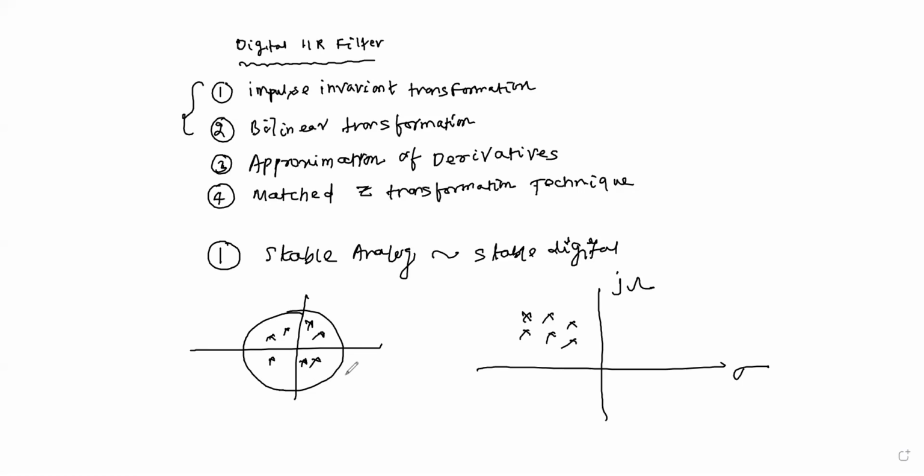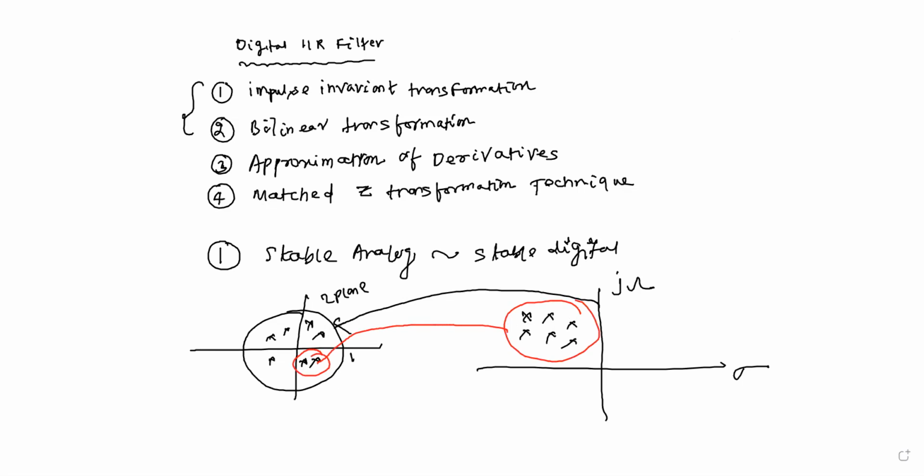In all cases, we can say there are two things. The first is that the j omega axis must map to the Z plane. Okay, this is the Z plane. This j omega axis maps to a circle of radius 1 in the Z plane, and the left hand side poles must map to inside of the unit circle.